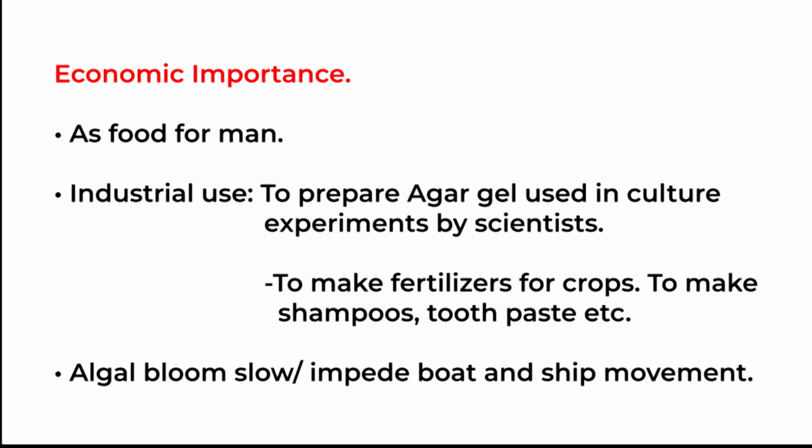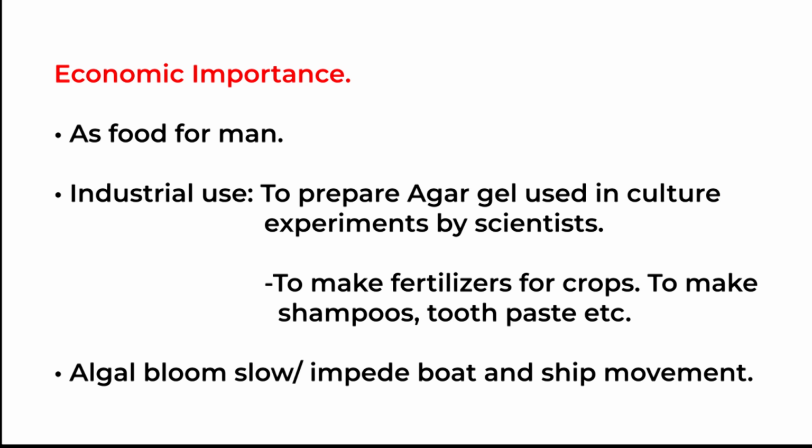One, as food for man. They have industrial use, for instance, to prepare algae gel that is used in culture experiments by scientists, fertilizers for crops, shampoos, toothpaste, many things use algae as base.